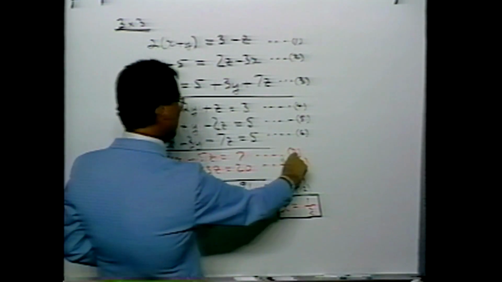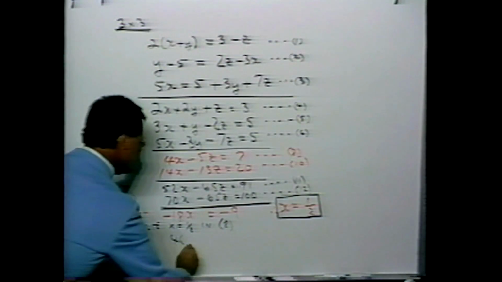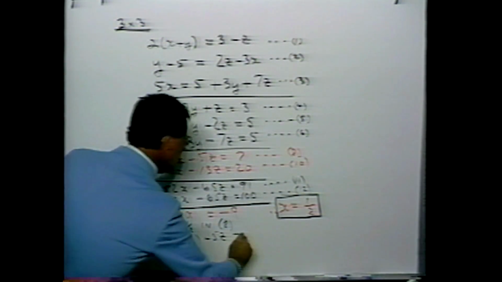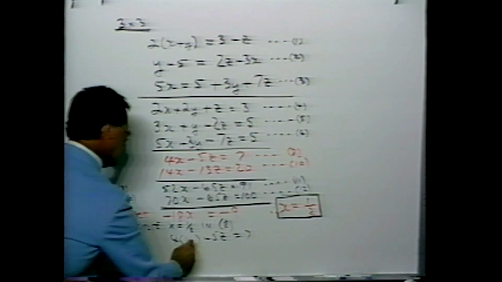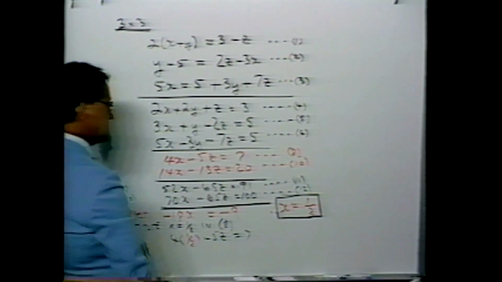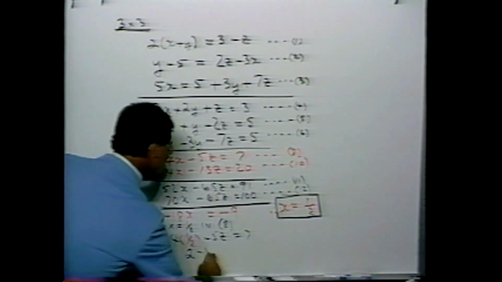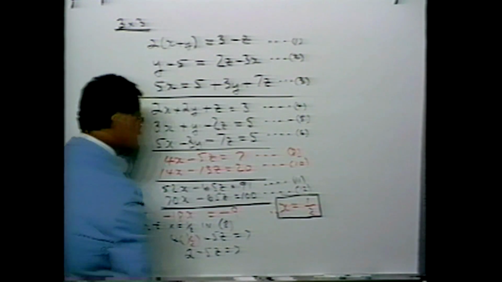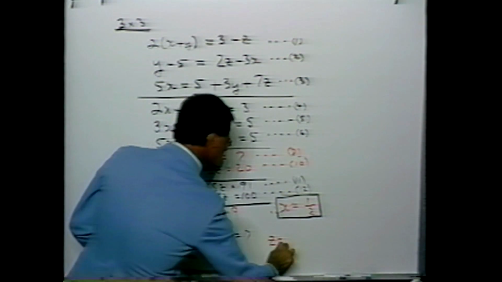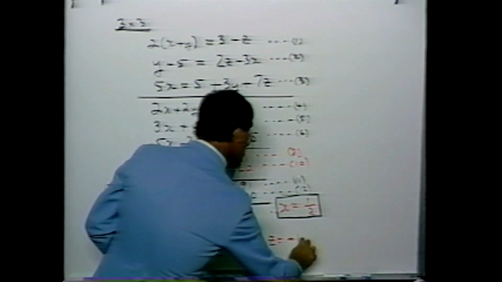Good thing we numbered them so we can make a reference, and it's in 8. 4 brackets for the x minus 5z equals 7, and 1/2 goes here. 2 minus 5z equals 7, and solving for z, z is equal to minus 1.